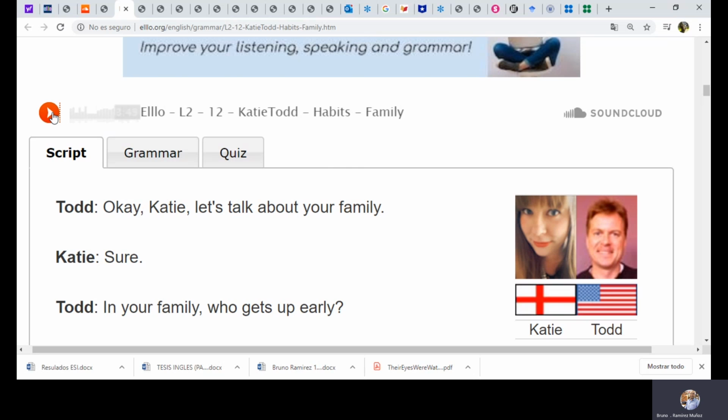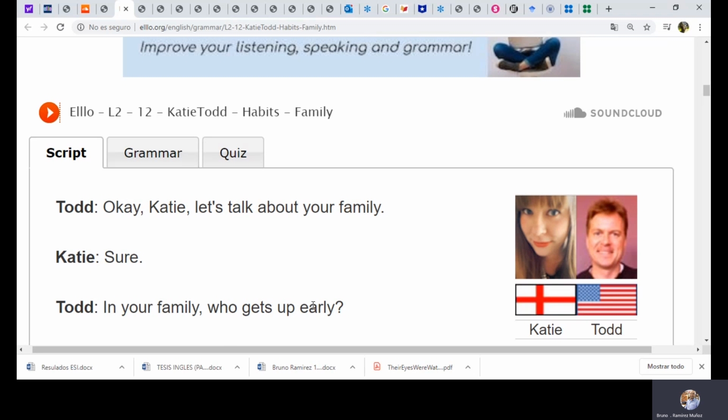In your family, who gets up early? Okay, so take it as a game. You imitate someone. You try to imitate the sounds and also the suprasegmental features such as the intonation, the pauses, right? The emphasis that the speaker is making on some specific words.